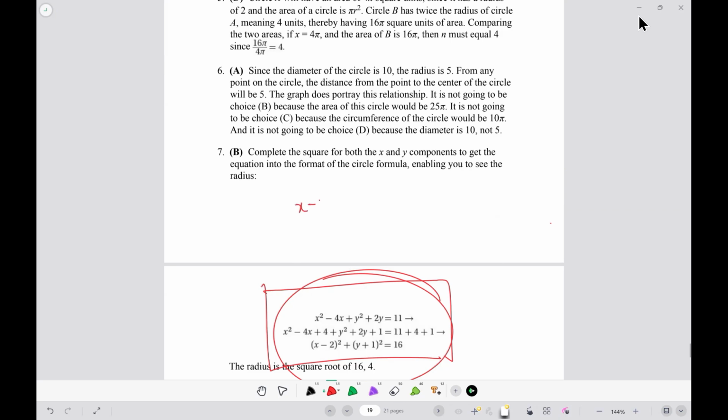Okay. X minus 2 whole squared is equal to x squared minus 2 multiplied by x multiplied by 2 plus 2 squared. And it becomes x squared minus 4x plus 4.